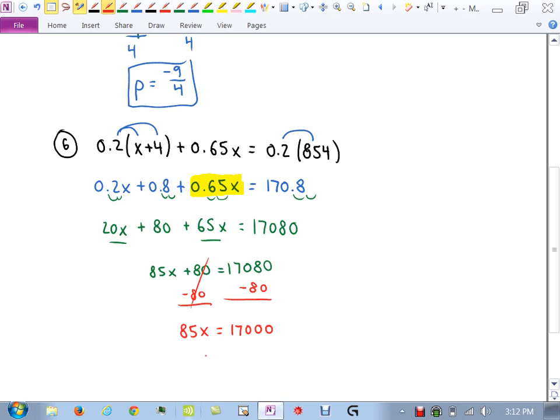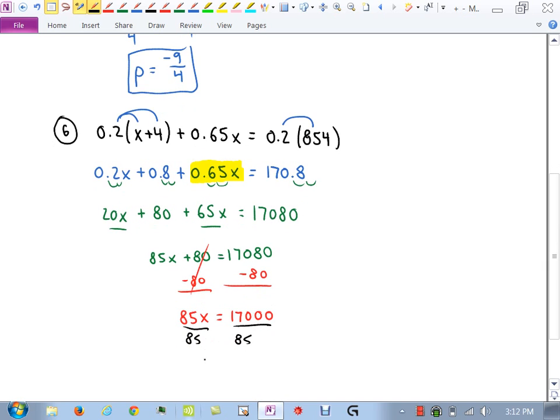And now divide through by 85. If I do that, then the result is x equals 200. And that is the answer.